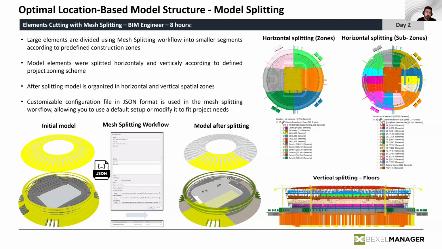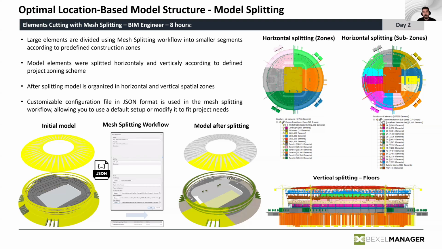So for this, what we did, we used our mesh splitting workflow. That means that when we integrate IFC models that we received from the designers, we were able to simply specify in one simple input format how we want to split these model elements, and we did it in the most logical way.